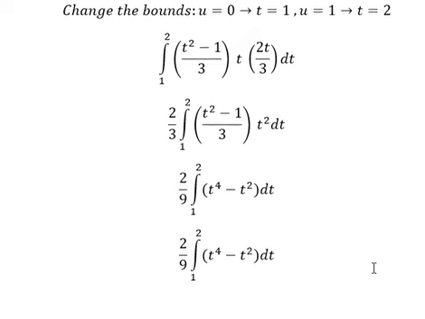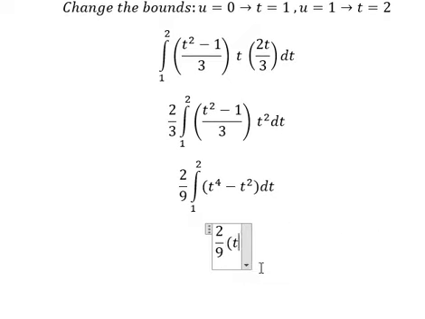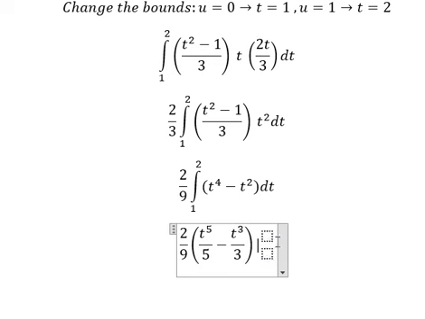So the integration of this one is t to the power of 5 over 5, this one is 3, and then we put the bounds from 1 to 2. So this is the final answer.